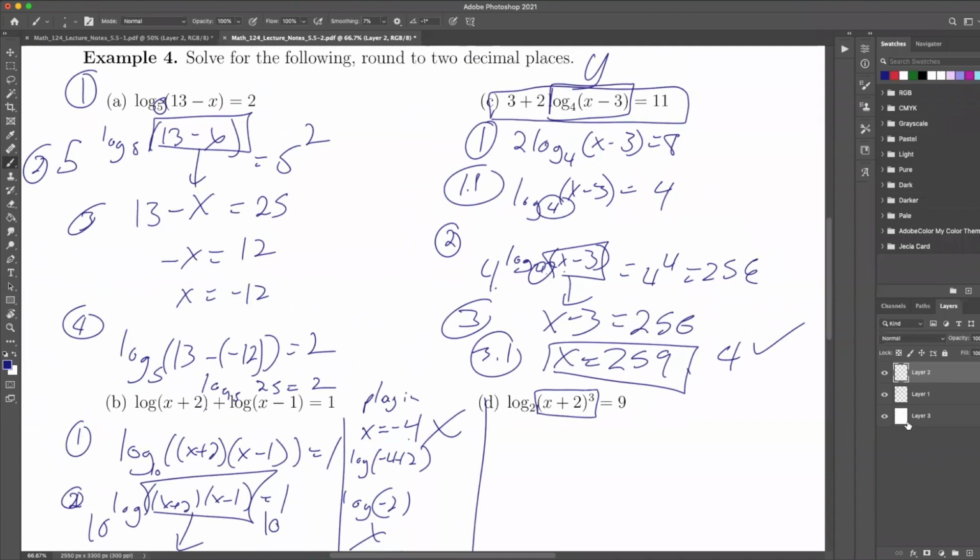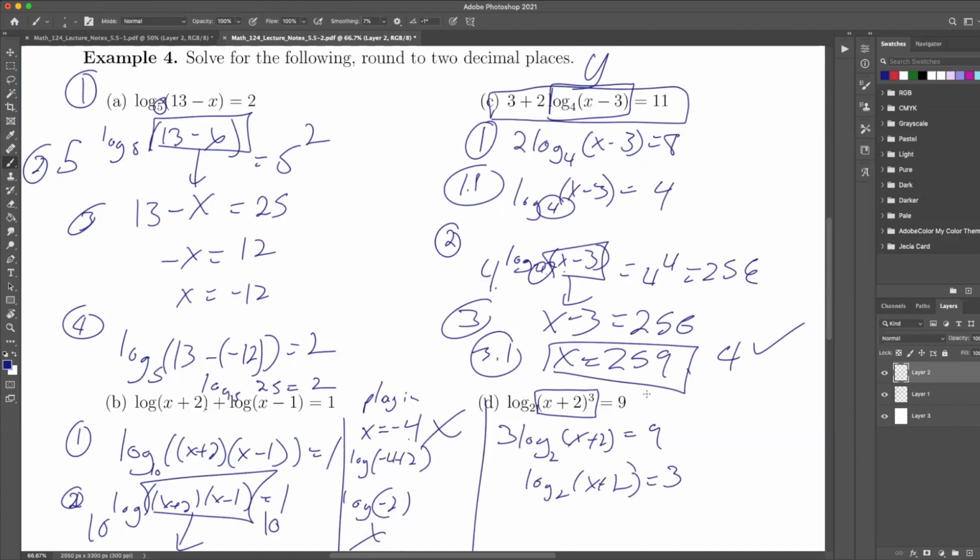But notice here, I can make my life a little bit simpler by dealing with this exponent. I could have 3 log base 2 of x plus 2 is equal to 9. And then I can divide out the 3, and so I get log base 2 of x plus 2 equal to 3. And notice here, I've gone from a cubic function I'll have to solve just to a normal function.